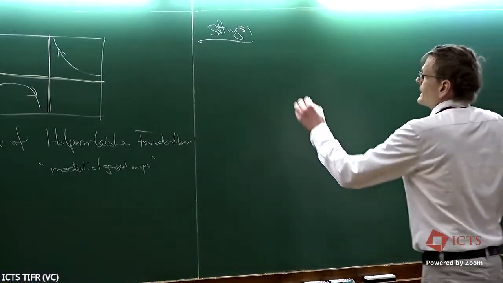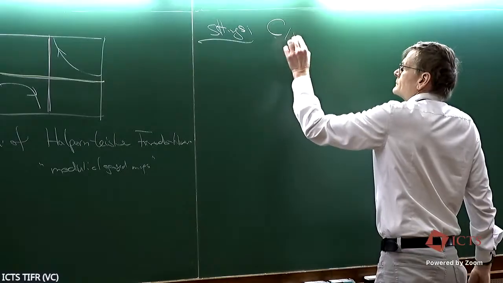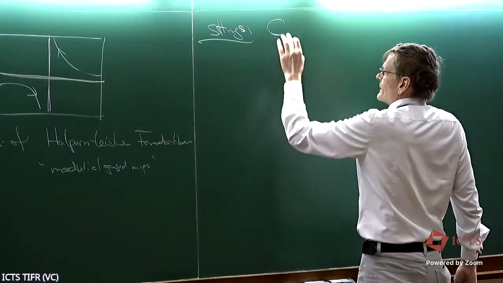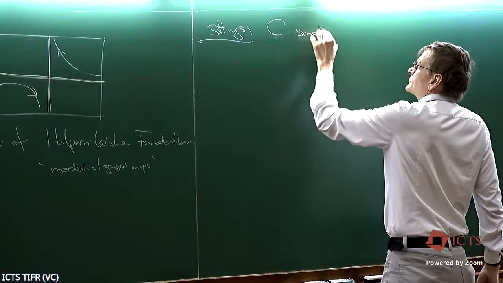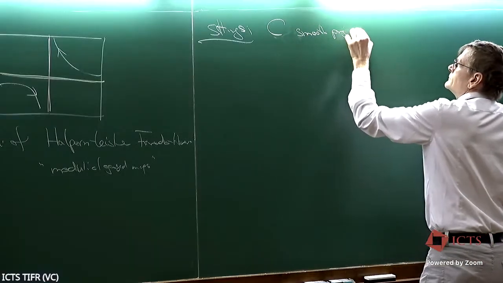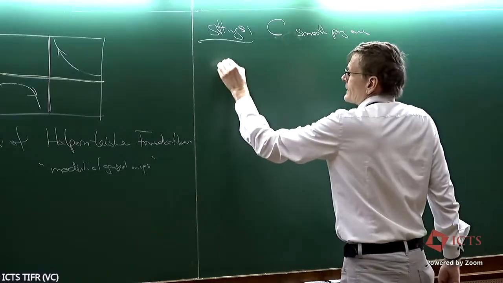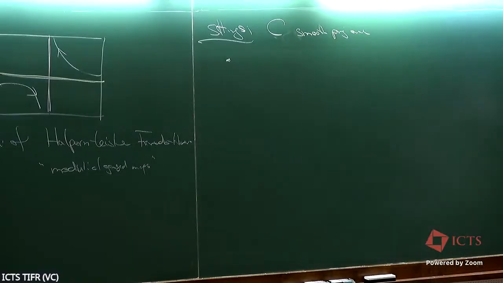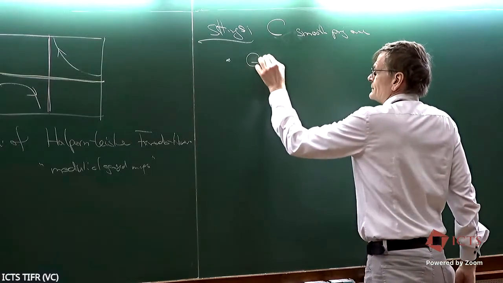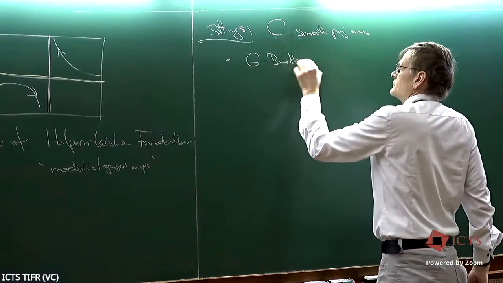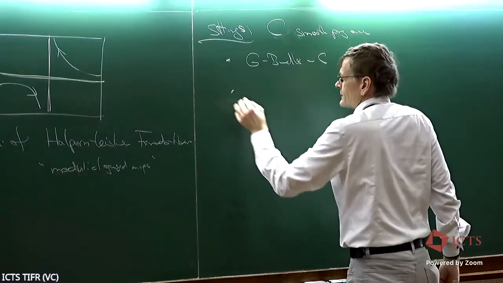Okay, so the setting I'm interested in: I fix a smooth projective curve. And I would like to have a setting that includes the following things. Of course, I want to have G-bundles, where G is some reductive group.